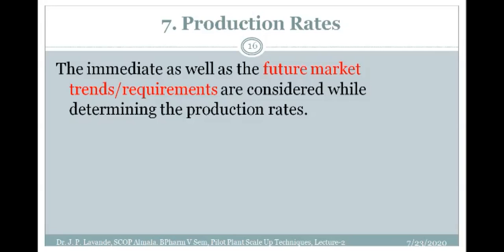Again, if currently the government or every pharma company is working in order to get the vaccine against COVID-19, because that is the market trend, that is the future market requirement, then based on that, performing a study on this will definitely be useful in order to get the desired degree of the rate of production, and that is useful for the manufacturers.